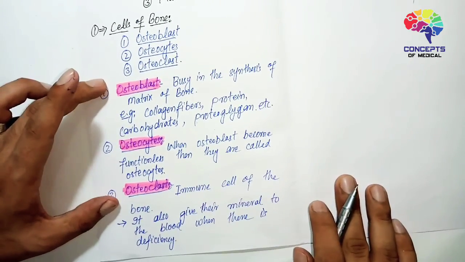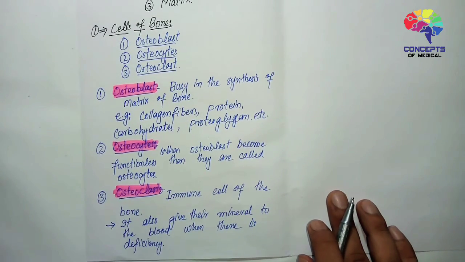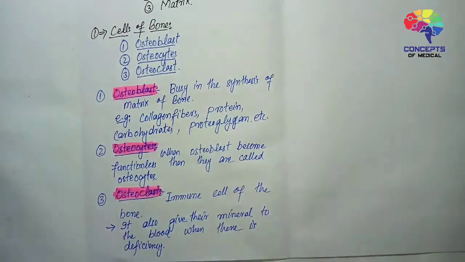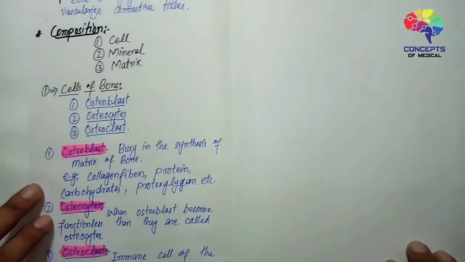So these are the three types of cells in the bone which we have discussed right now: osteoblast, osteocytes, and osteoclast. So these cells play a major role in our bone.